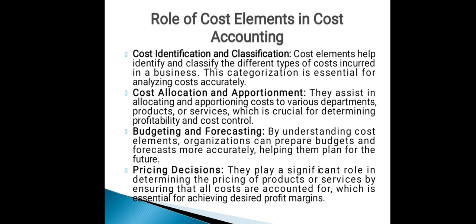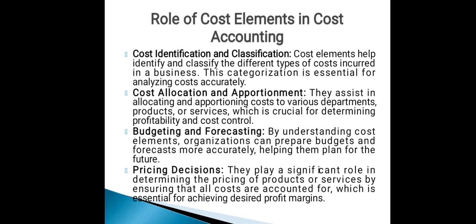Second one, cost allocation and cost apportionment. This assists in allocating and apportioning the cost to the various departments. Third one, budgeting and forecasting.